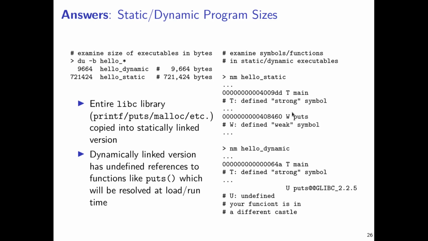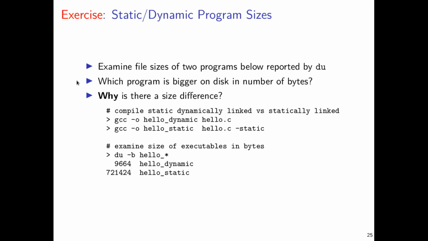So that main difference translates to a size difference here, and you can see there's quite a bit of space overhead associated with including the C library in there. I may have misspoke, this is actually 721,000, so that's like a 100-fold increase or so in size for the static version.